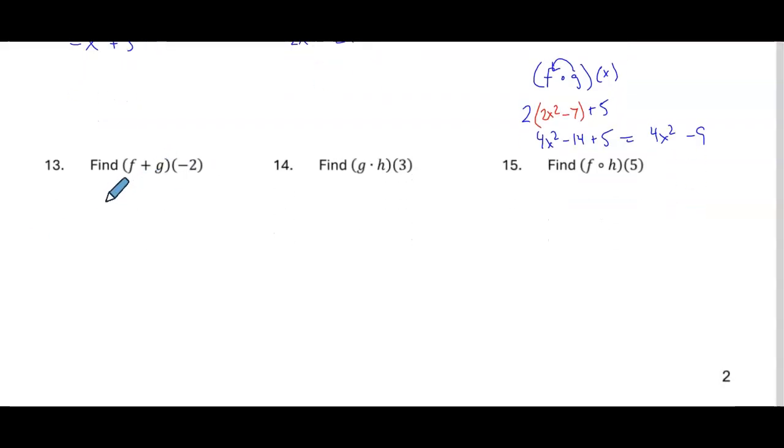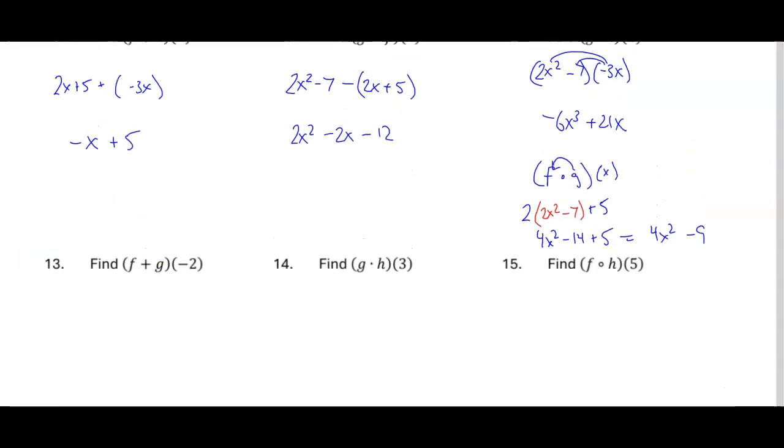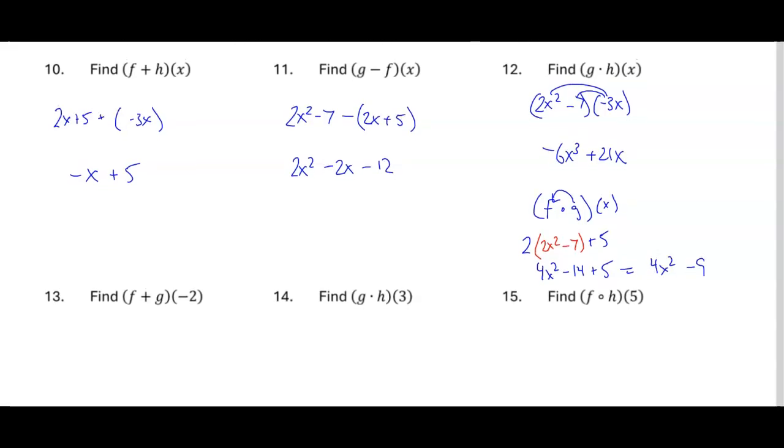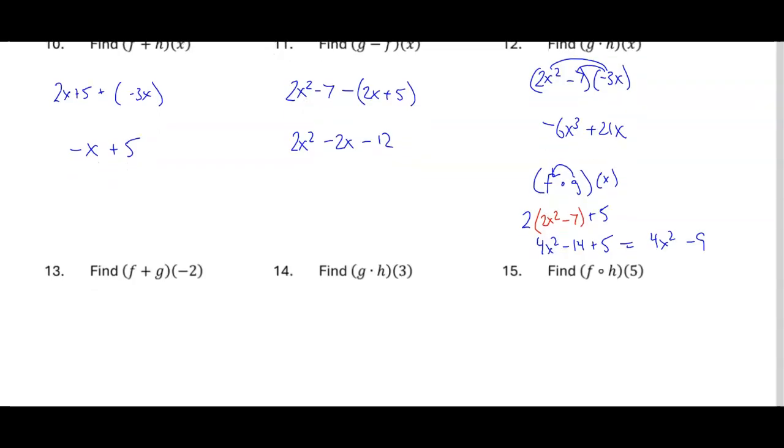f plus g of -2. That just tells me that I need to solve f and solve g and add the results. All right, so for f, I'm going to do f of -2 equals 2 times -2 plus 5. And so that's -4 plus 5, which is 1. g of -2 would be 2 times -2 squared minus 7.